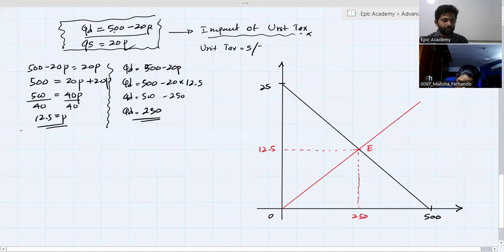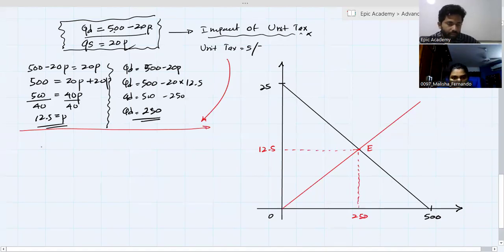Now, government imposed taxes. Now we have to identify the impact of tax. Take the supply equation. QS equals 20p. For the 20p equation, add the tax, 5 rupees. That means QS equals 20 within brackets P minus tax.